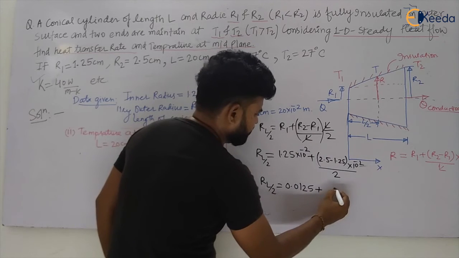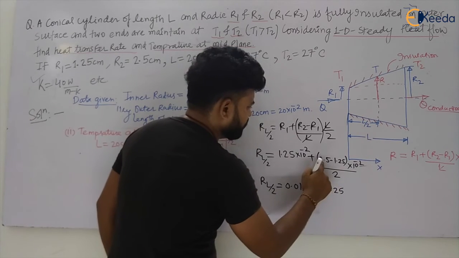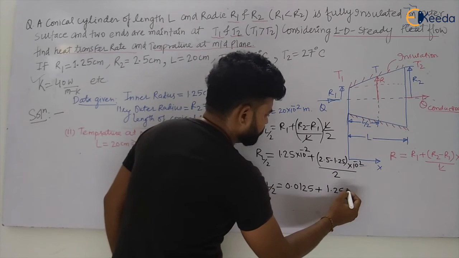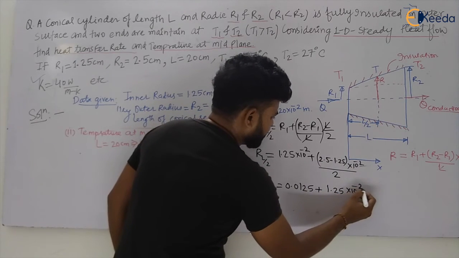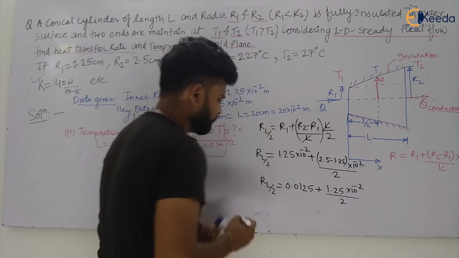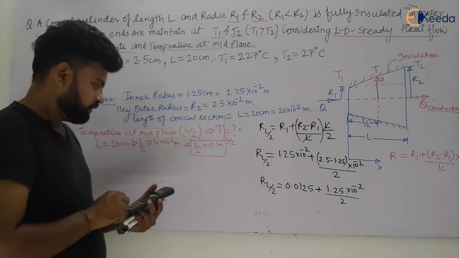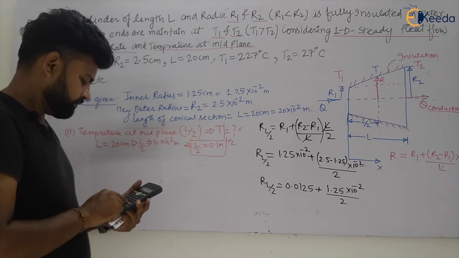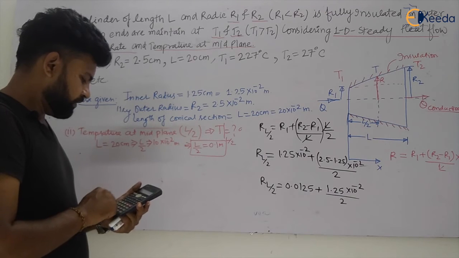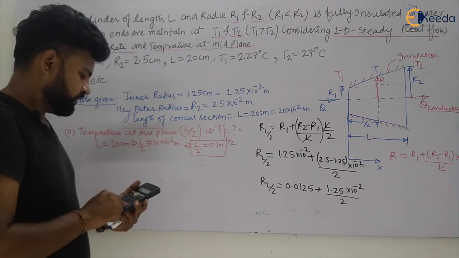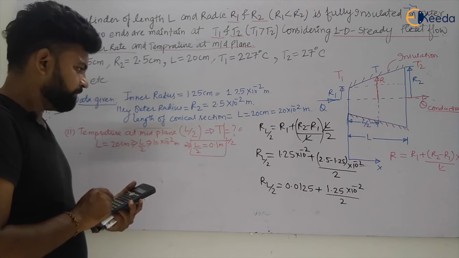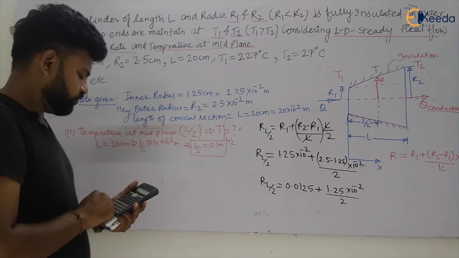This will be 0.25 and this will be 2.5, that is 2 minus 1. This will become 1 into 10 to the power minus 2 divided by 2. So let us solve this. Let us have the value. So this is 1.25 into 10 to the power minus 2 divided by 2, okay, plus 0.0125.